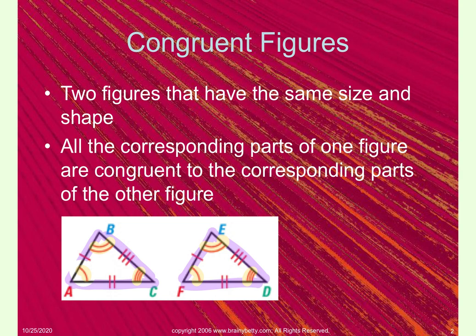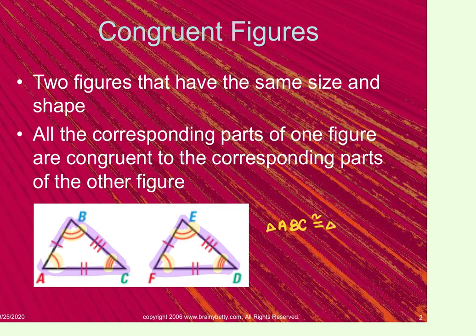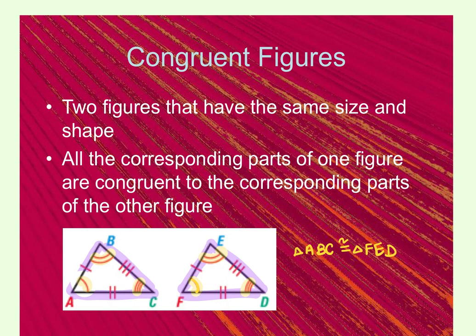If you go the single arc, which is angle A, then the double, which is B, then the one with 3 arcs, which is C, and you say it's congruent, you'll see that same congruent symbol. You have to go in the same order the second time. F was the single arc, E had 2 arcs, and D had 3 arcs. So the order of the letters is important here.